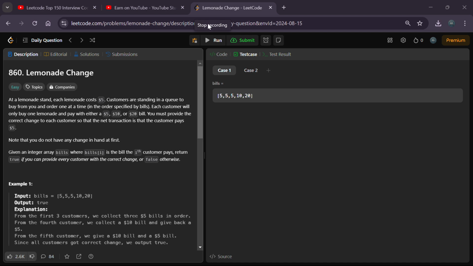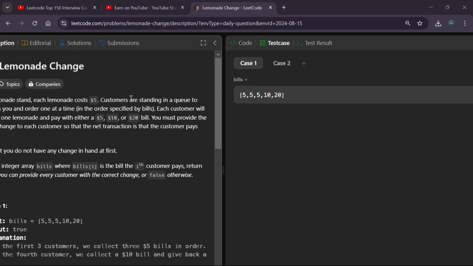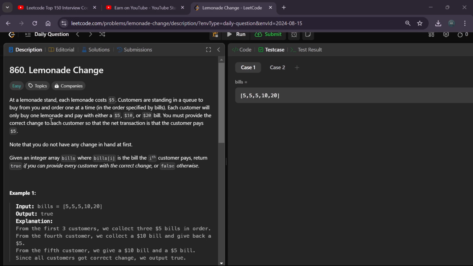Today the question was interesting, so I decided to make a solution for everyone. The question is Lemonade Change. Going to the description, many of you solved it.